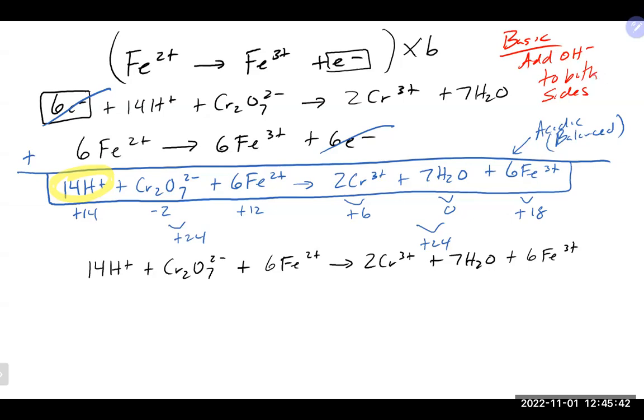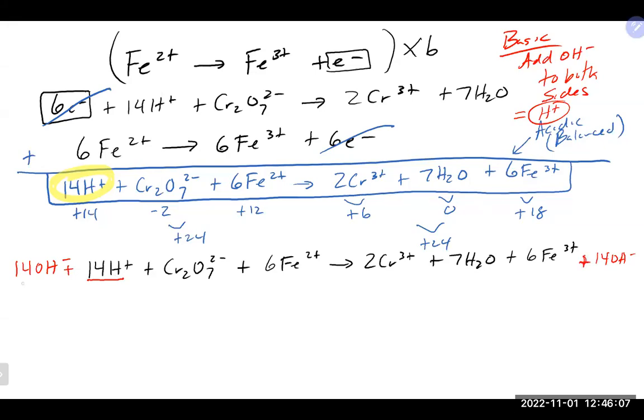And the amount of OH minus that we add will equal the H plus. So the amount of H plus that's there is how many OH minuses we should add. So in this particular case, we have 14 H pluses. That means on the left-hand side, we will add 14 OH minuses. And on the right-hand side, we will add 14 OH minuses.